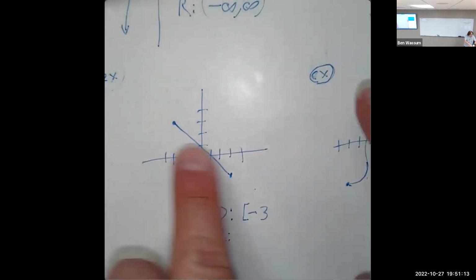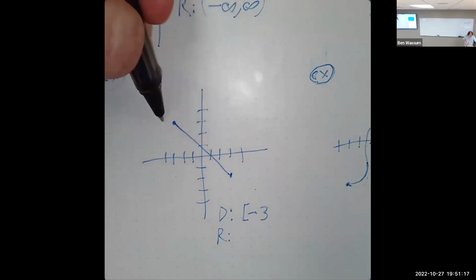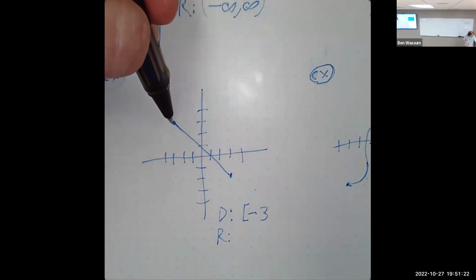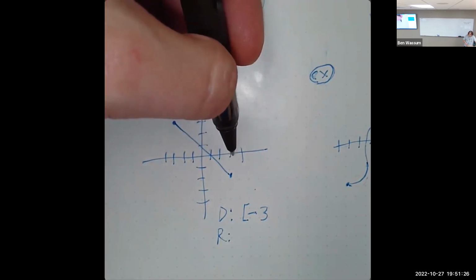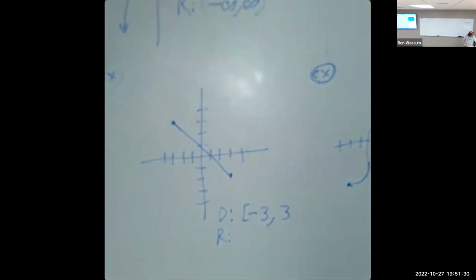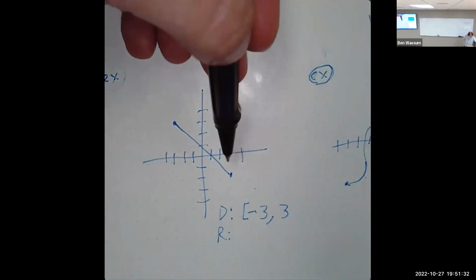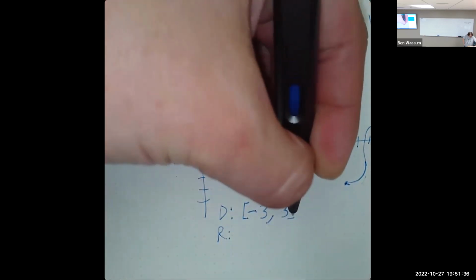Like you'd still have the X, but you wouldn't have the Y's, right? So you'd just be thinking about left to right. So left, we go as far as -3. Right, we go 3 to the right, right? Cool. So we do 3 to the right, and again, it includes that point. So we use a bracket for the interval notation.